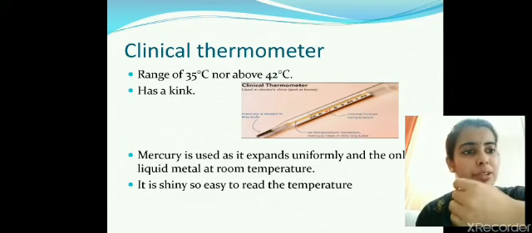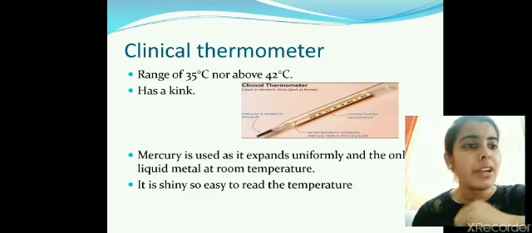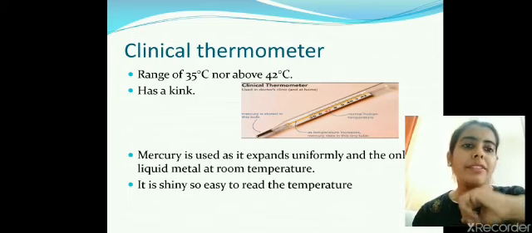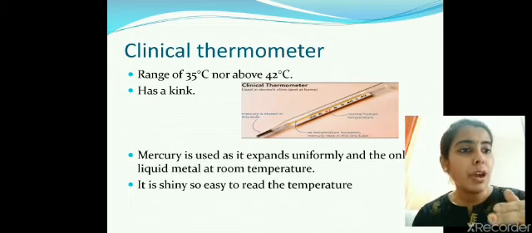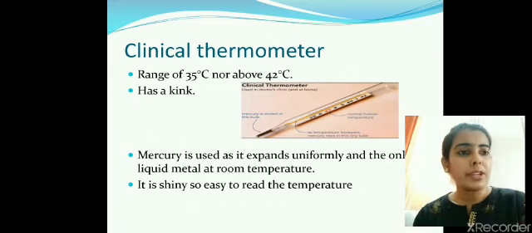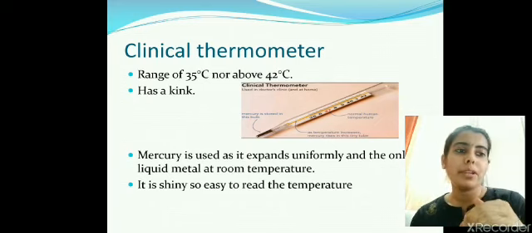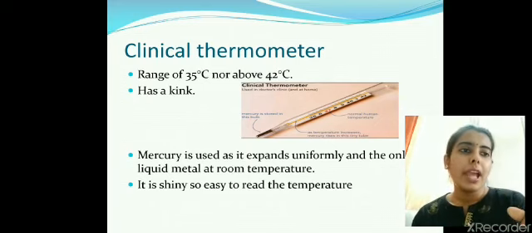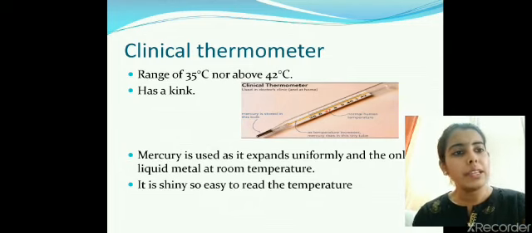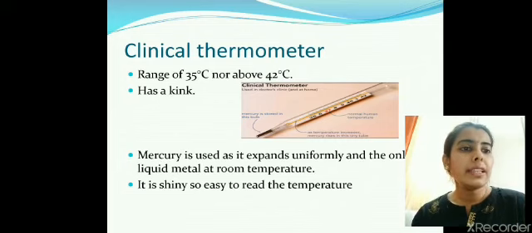Inside the thermometer there is a thin capillary tube. Here a bend is provided so that when you take this thermometer out of your mouth, the mercury will not start flowing down, because the temperature outside is different and we want to take the correct reading of the patient's body. That is why clinical thermometers are provided with a kink.